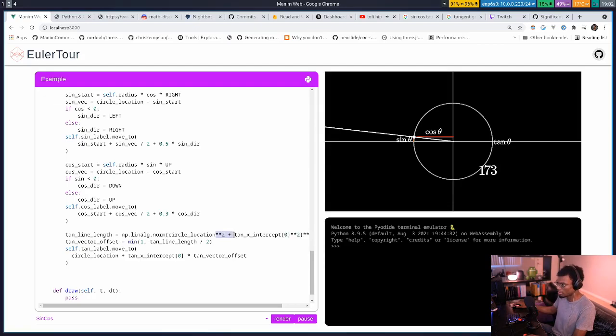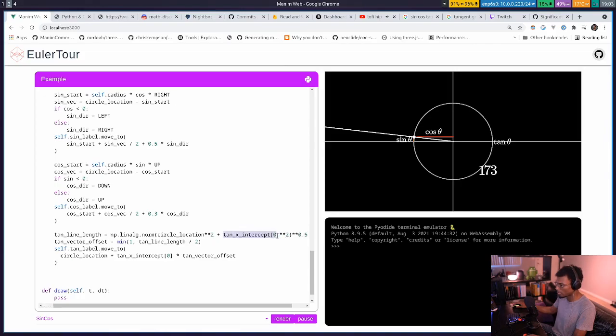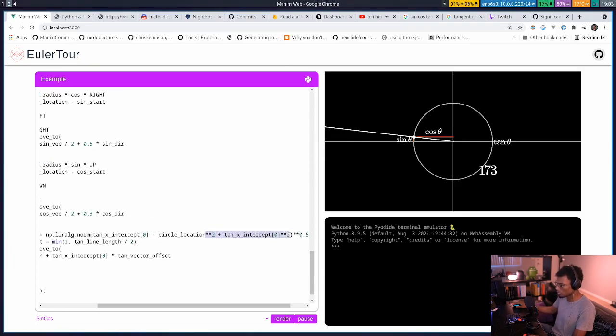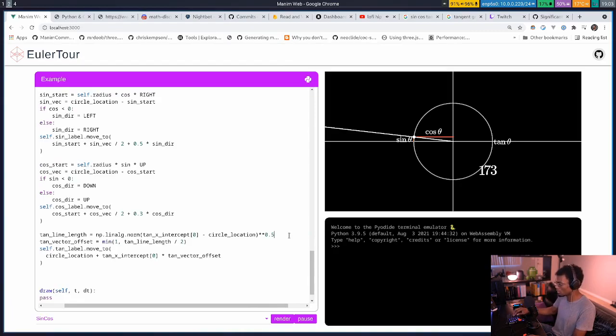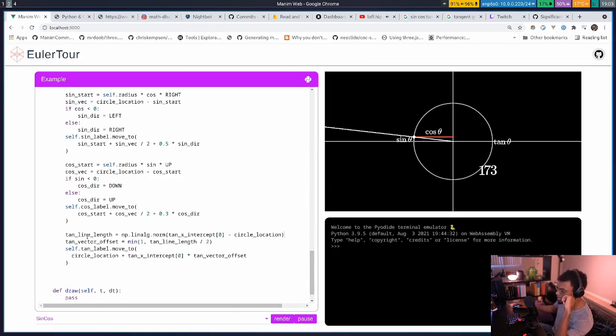Norm of this one minus that one, although I guess it won't matter. Alright, so that's the length, which is a number, and then this I should be able to just divide by 2. So this should be a number, so now this should make sense. And it kinda does.